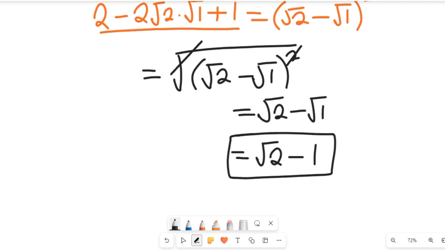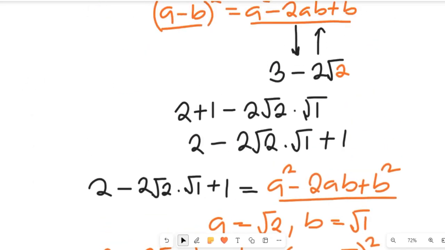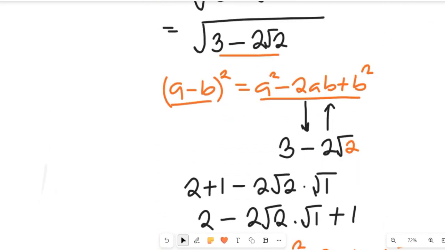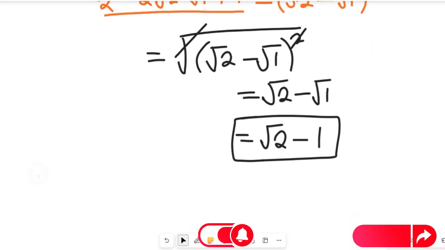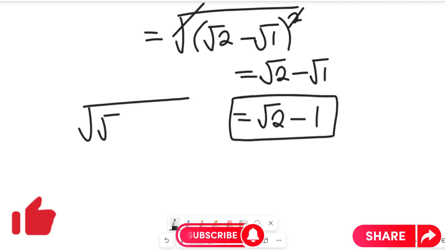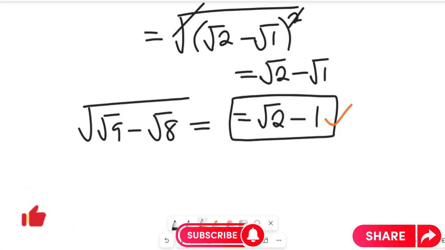So the square root of 9 minus the square root of 8 is equal to this expression. I know you do learn from this solution.